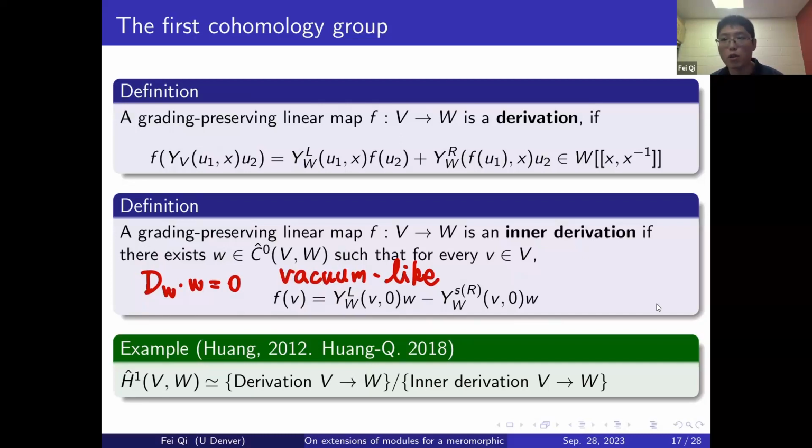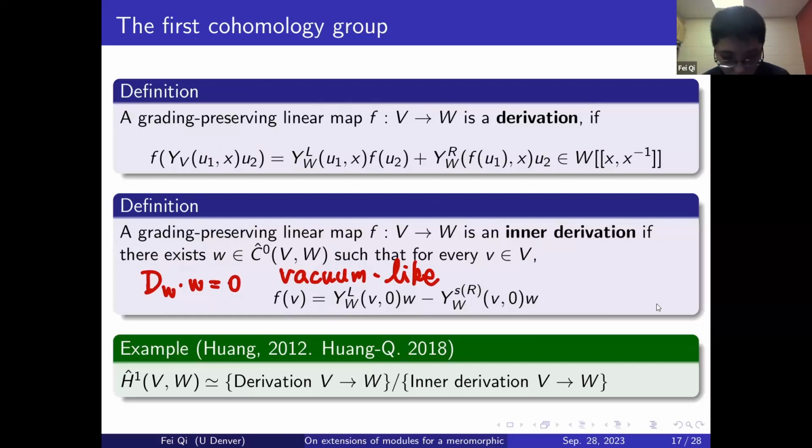In the context of vertex algebras, generally speaking, such vacuum-like elements only exist when w equals 0, so the zeroth quotient complex is generally 0. That's the general situation. This is a good question, but unfortunately I couldn't explain more details.